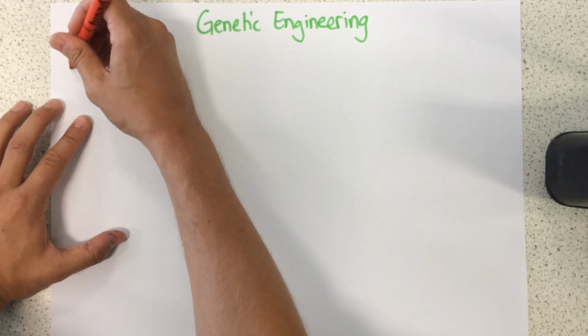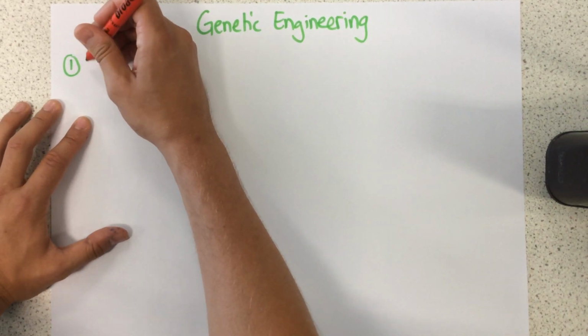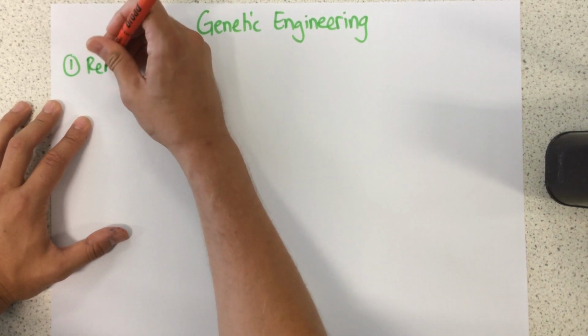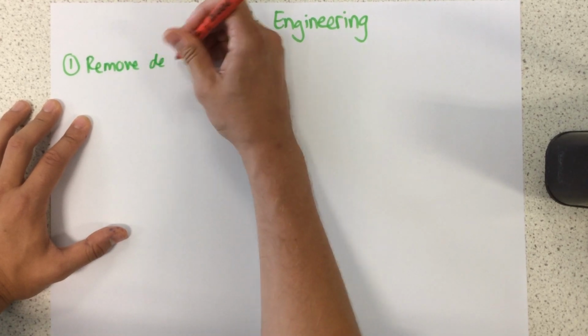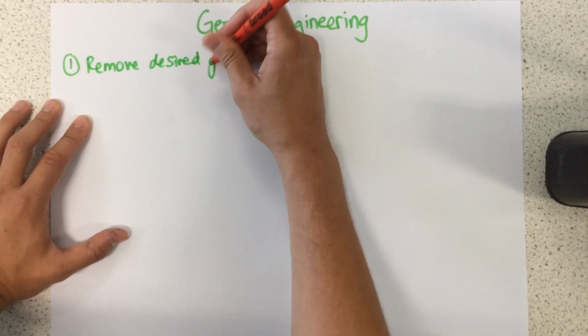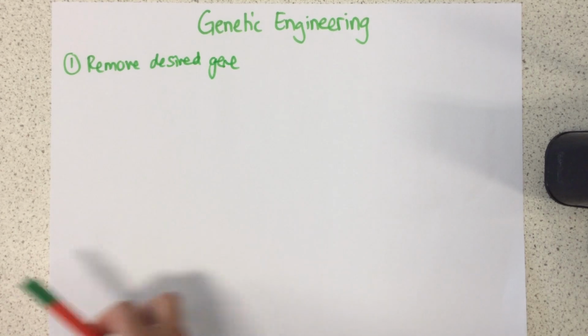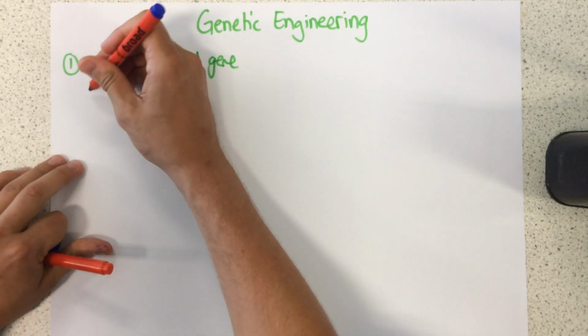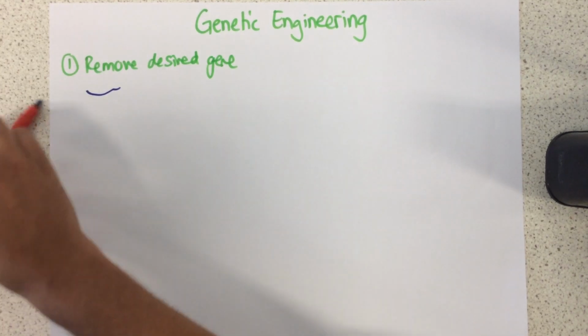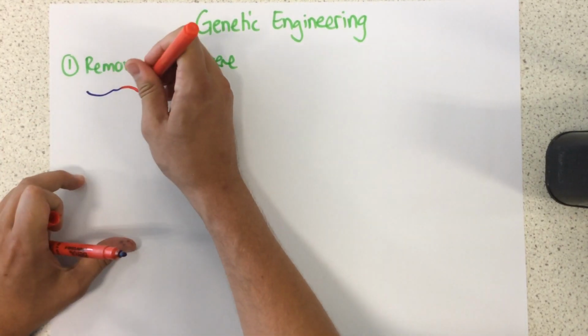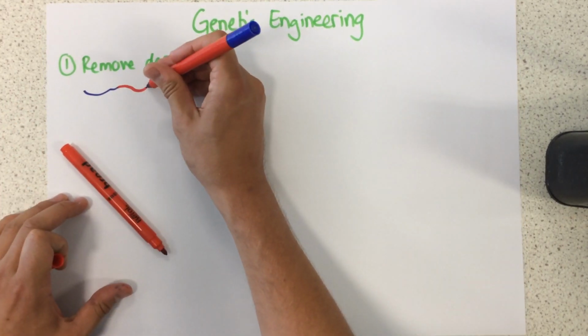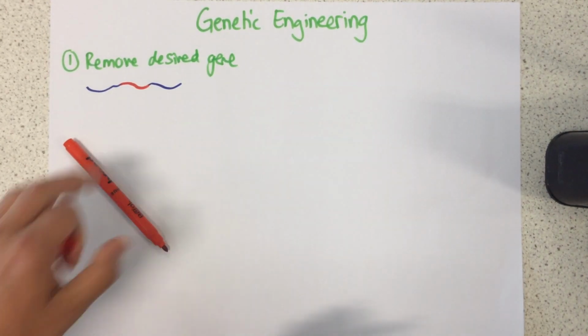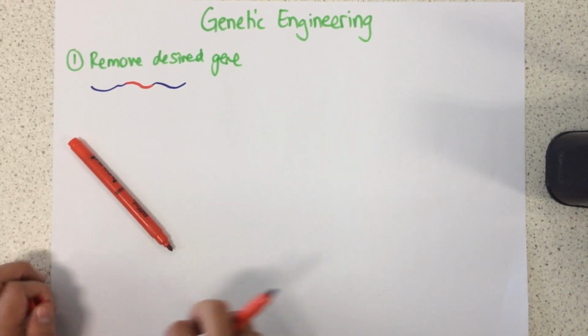Okay, so the first thing you need to do is remove the desired gene. Within an organism's genome, there will be the gene for insulin. This insulin, remember, is a hormone which basically helps to regulate blood glucose levels.